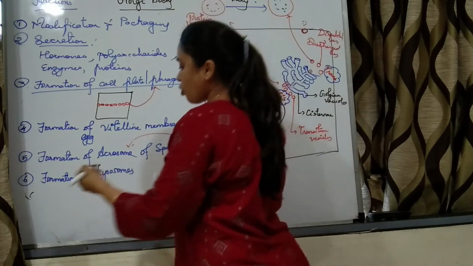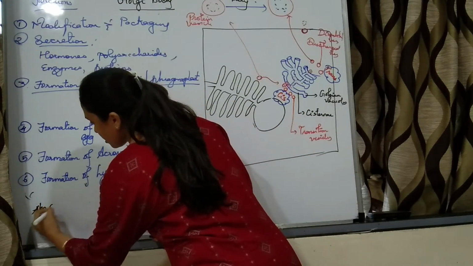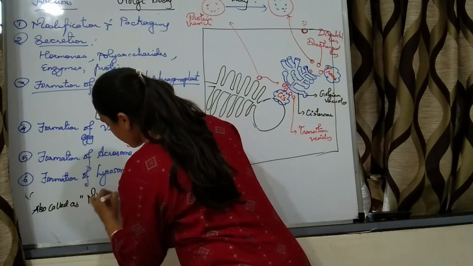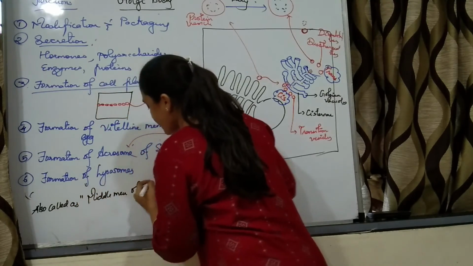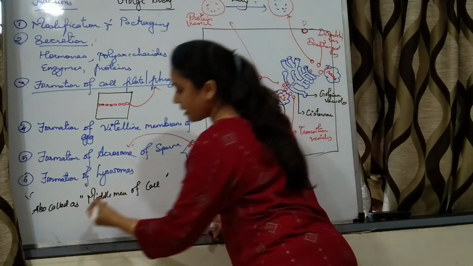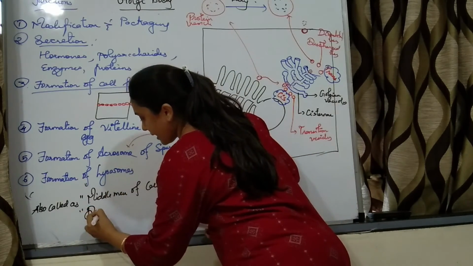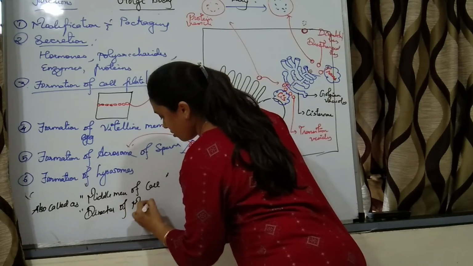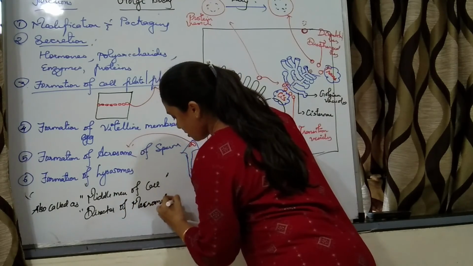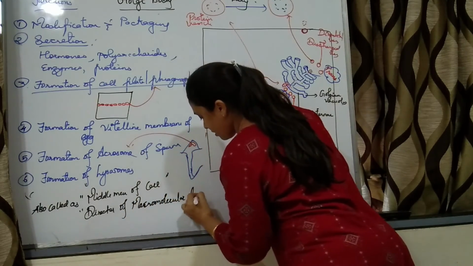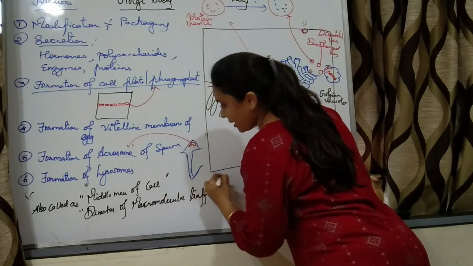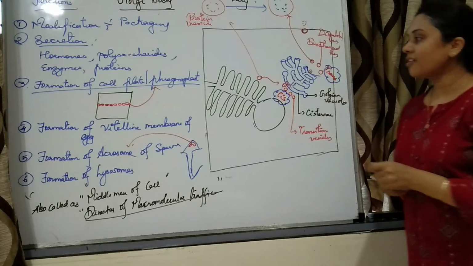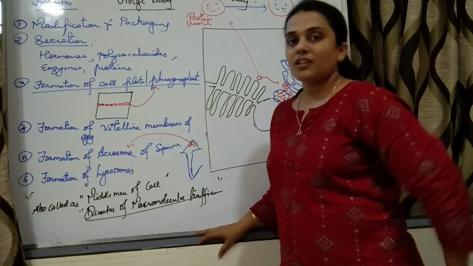The Golgi body is also called the middleman of the cell, or the director of macromolecular traffic. These are the other names of the Golgi body.